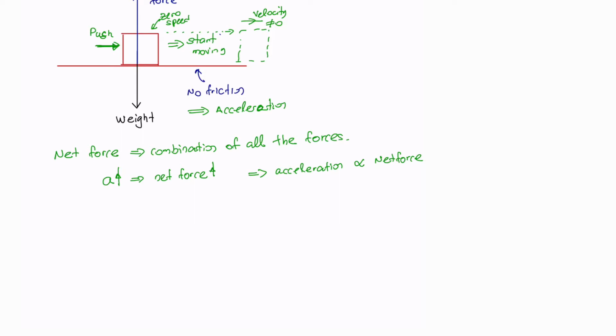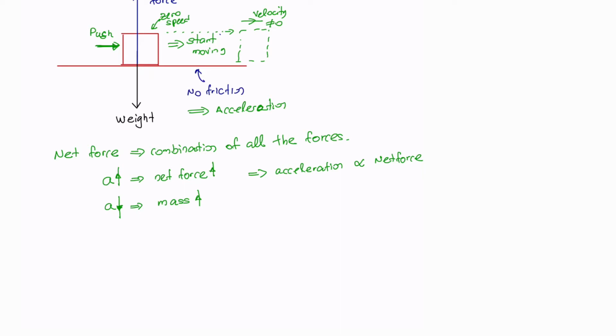But Newton also noticed that there's another physical quantity affecting the acceleration of an object, which is none other than the mass. It turns out that if you double the mass, keeping the same force, the acceleration became half of the previous acceleration. And if you triple the mass, the acceleration became 1/3 of the previous acceleration.